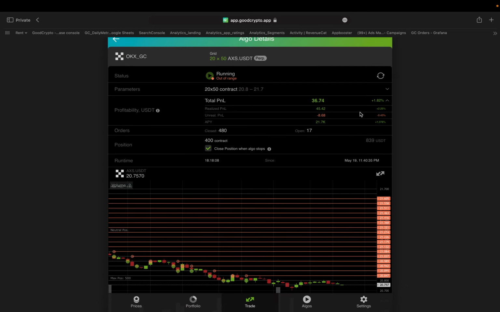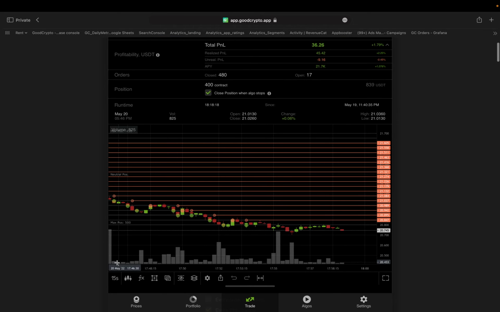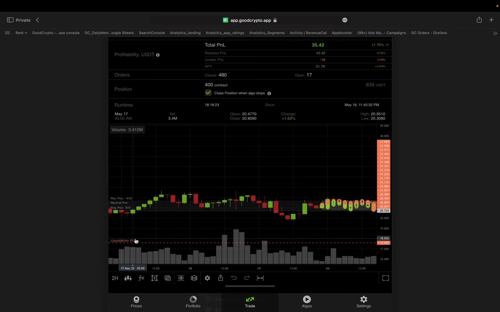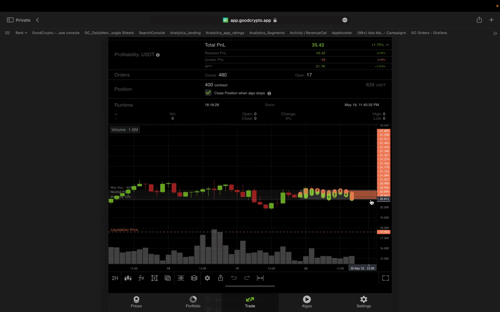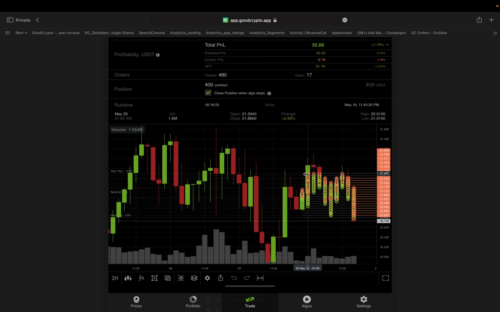Having chosen the initially interesting point, we go to the trade screen and set up the contract. So what I do first is choose something like 2 hour candles. I'm not going to start the grid, but as you can see here, that's the grid I set up, right?